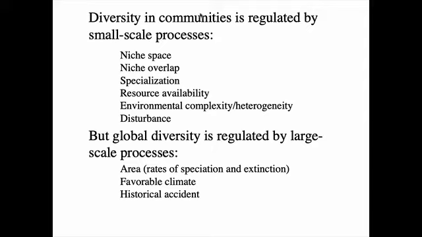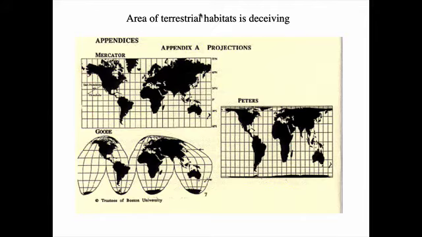Let's look at area. First, it's important to understand that our perception of area is inaccurate. This is the world map that most of us are used to. This is the Mercator projection, and here's Brazil, right? It looks like Brazil is about two-thirds the size of the United States.